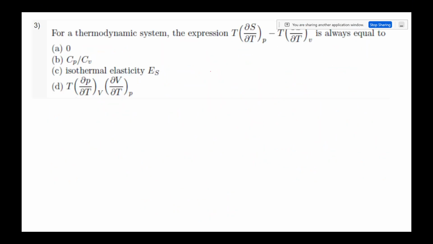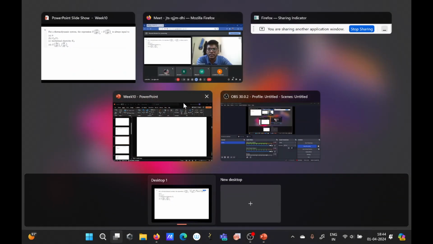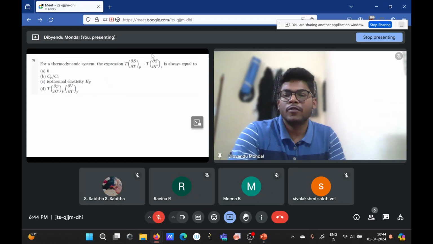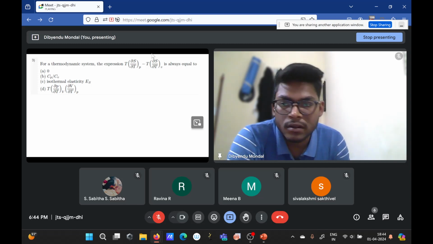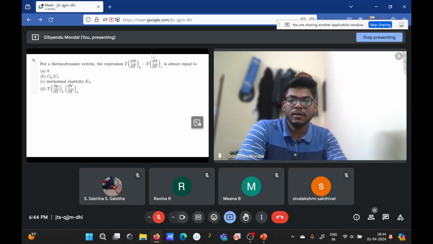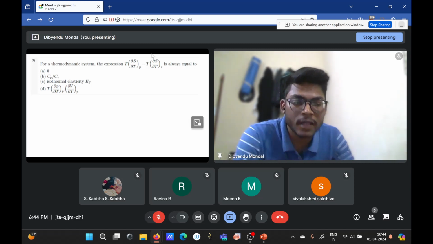Okay, so this question says, for a thermodynamic system, the expression T (del S/del T) at P minus T (del S/del T) at V is always equal to what? So please tell me which option will be correct.